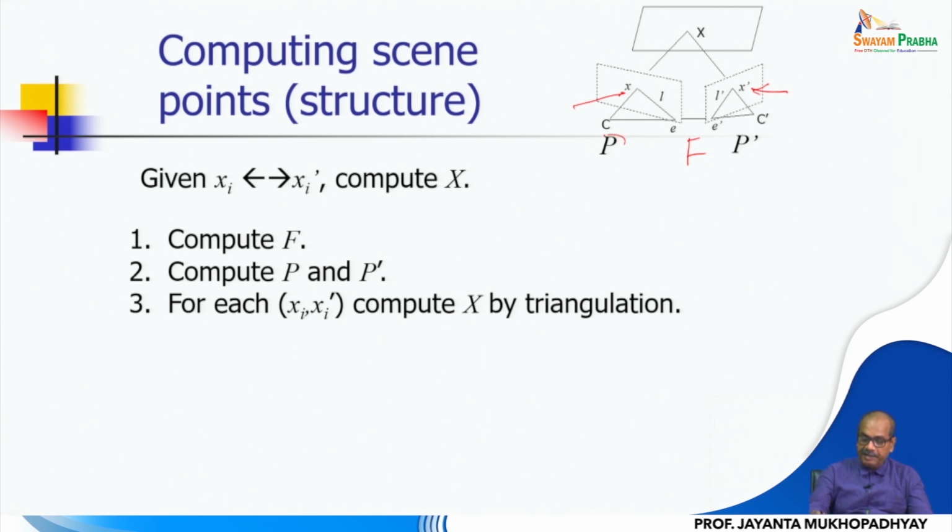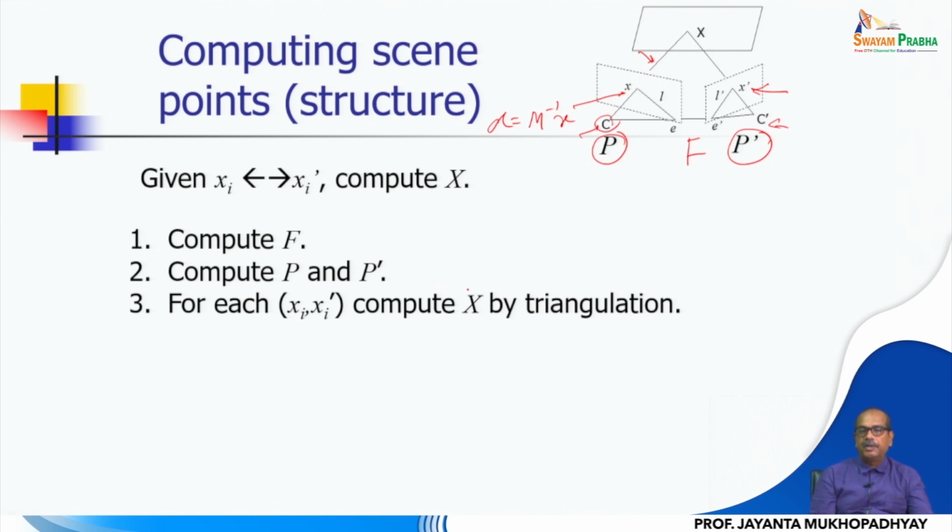If I give you P and P prime, then it is easy, because then the centers are defined. Use back projection to get the ray. Earlier we discussed that if P is [M|p4], then M inverse X gives you the direction, so the direction ratio is M inverse X, and C is the center, which is the point.